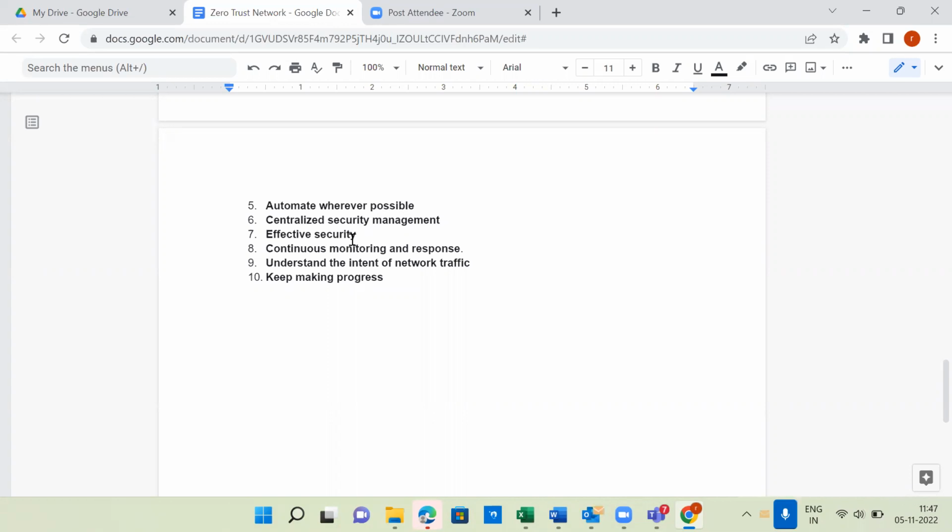Seventh one, effective security. When you say effective security, what business are we doing? Business success always depends on an active network with connections as well as protected resources. Whatever connections are connected to our network, and whatever resources we are using, those should be protected.